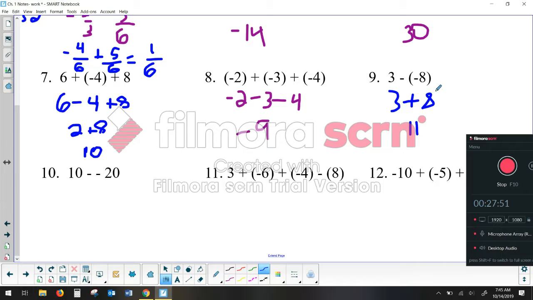Okay. So far so good. If you haven't already, you have to do 10, 11, and 12. If you didn't, I'll give you a minute here to finish them.